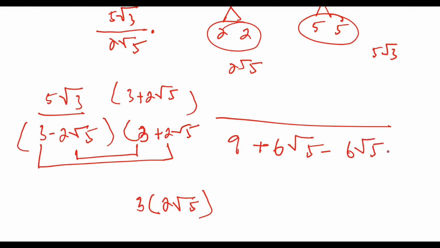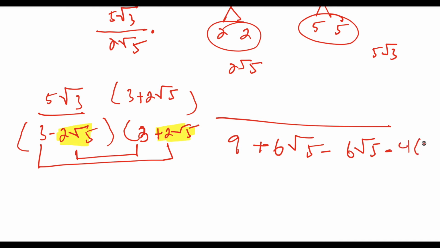And then your last, which is what? Negative 2 root 5 times 3? No. It's going to be that, and then times that. So it'd be negative 4 times 5, which is negative 20.